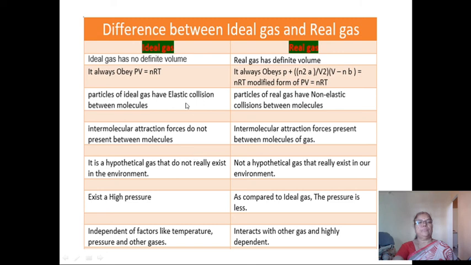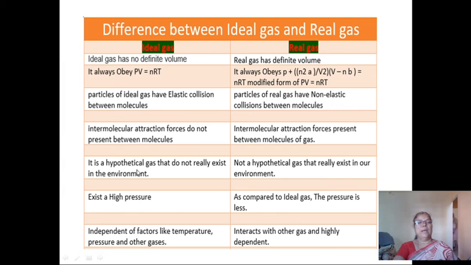Okay, then these are also the distinguishing points. Ideal gases are independent of factors like temperature and pressure, while real gases interact with other gas molecules and are highly dependent on them.